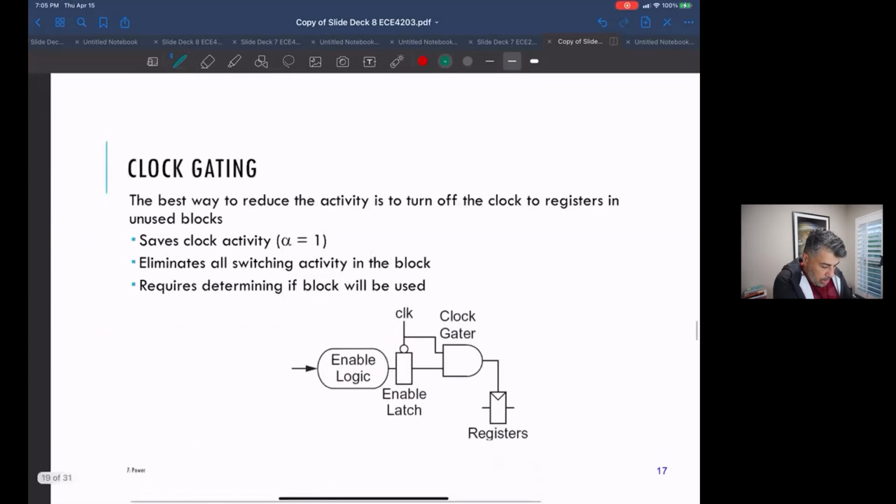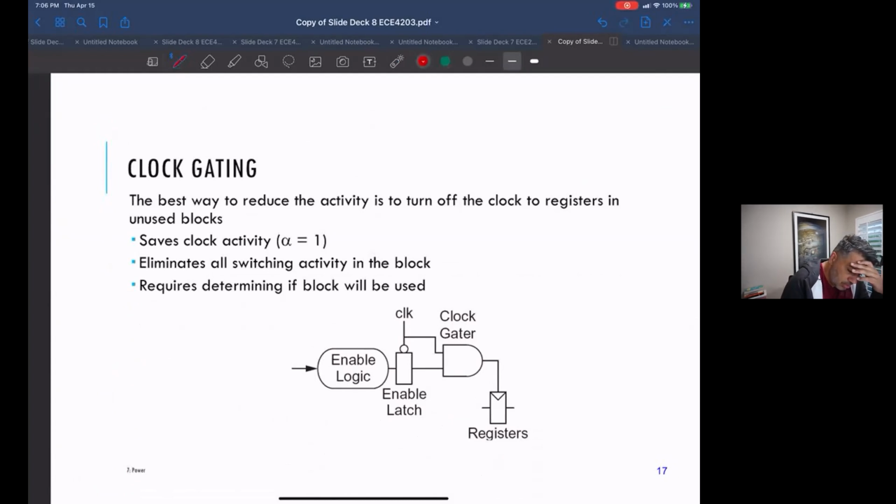The second thing you can do, and the best thing you can do in my experience, is clock gating, and you'll see this a lot in logic design. The idea is you have a master clock.